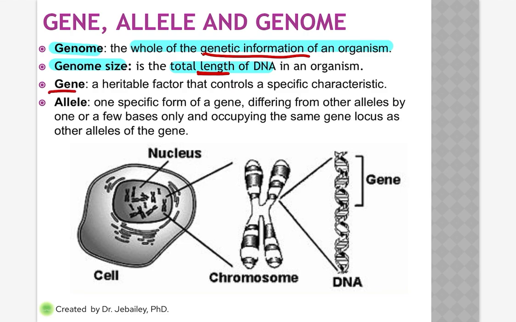When it comes to a gene, that's a heritable factor that controls a specific characteristic, in this case a trait. So a gene is the one that is being passed on from the parents to the child. Now inside of the gene, you have the allele, which is a specific form of a gene. And you can have so many different types of alleles. Some of them have more bases than the others, and we're going to see exactly their location, which is known as the gene locus. So here, we have basically the chromosomes inside the nucleus.